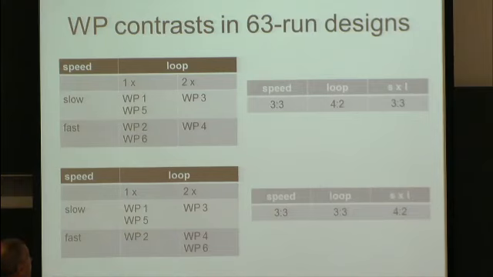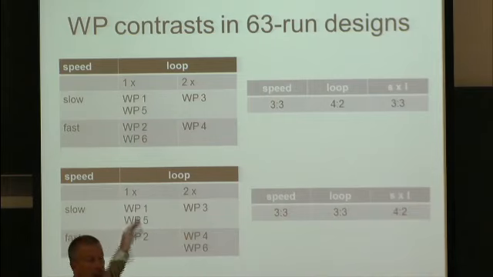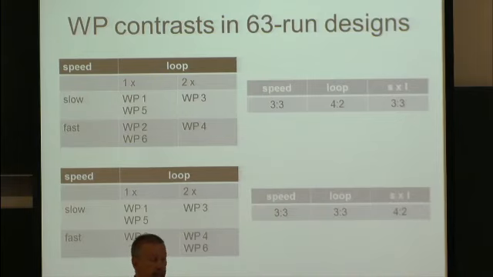For the first design, 4 runs with the setting 1 time and 2 runs with the setting 2 time. And you have also an interaction contrast, and this contrast calculates the difference between the 2 diagonals in the scheme. And there are 3 runs on each of the 2 diagonals here. So the ratios for the contrasts are 3-to-3, 4-to-2, and 3-to-3.